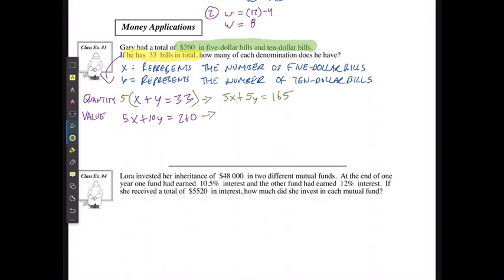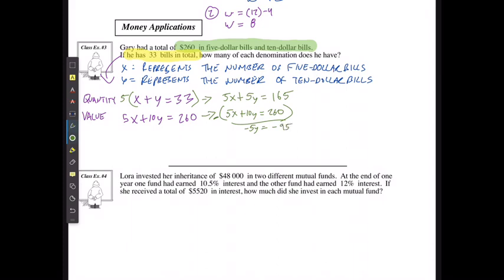The second one, I can just leave the same: 5x plus 10y is equal to 260. And then to cancel it out, or eliminate, I'm going to subtract them. 5x and 5x are going to eliminate. 5y minus 10y is going to give me negative 5y. And 165 minus 260 is going to give me negative 95.